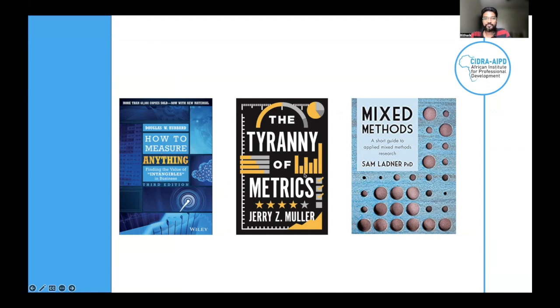The second book, The Tyranny of Metrics, talks about what we just spoke about: that the metrics themselves, the measurements and managing by numbers, can set you back in some counterintuitive ways. If you're interested, you can read about that. We also talked about quantitative and qualitative measurement. This is a book which goes into how and why you should also include qualitative studies into whatever you're trying to measure.